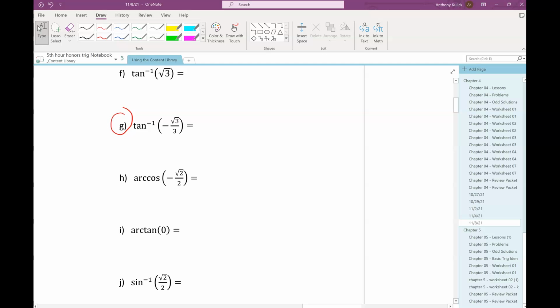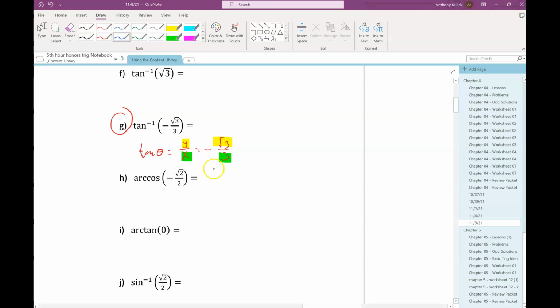So this one we should be using our unit circle to do. I remember that tangent is y over x. So I'd be looking for potentially a place where the y coordinate is root 3 and the x coordinate is positive 3. But I know that 3 isn't actually a unit circle value anywhere, or coordinate.